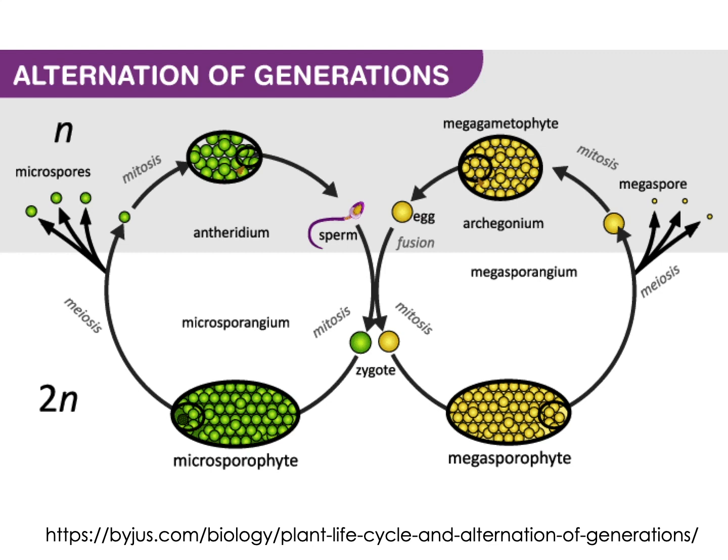The sporophyte is formed by multiple rounds of mitosis and is a multicellular organism. On reaching maturity, the sporophyte develops reproductive organs known as sporangia. This represents one key point in the alternation of generations.